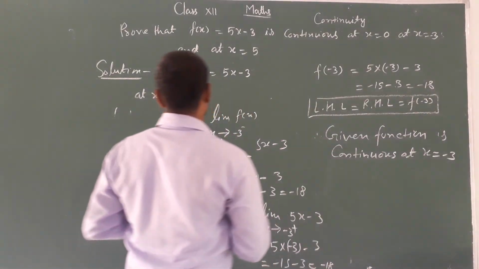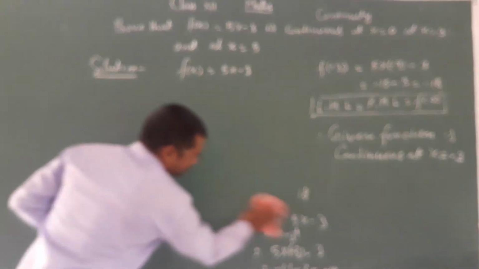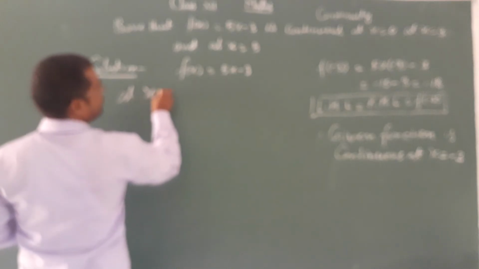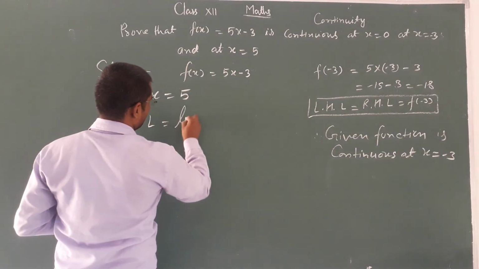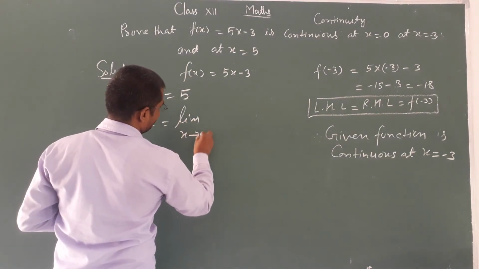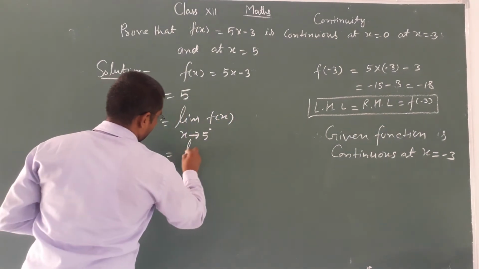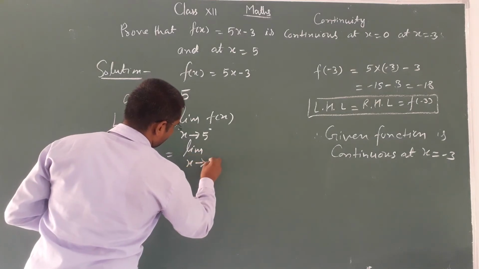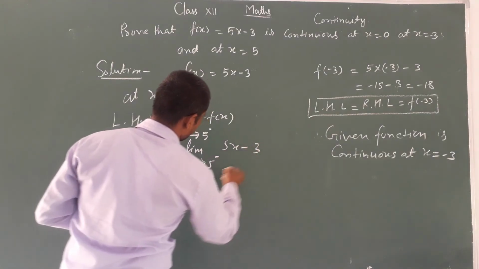Now also we can show this at the given point x equal to 5. So the left hand limit is the limit as x tends to 5 of f(x), which is 5x minus 3.